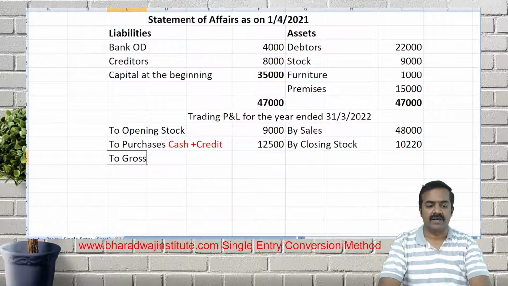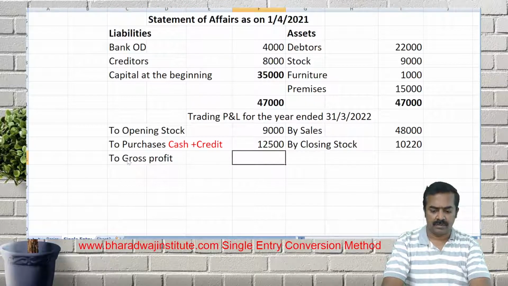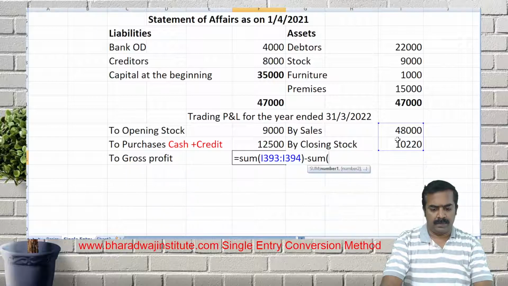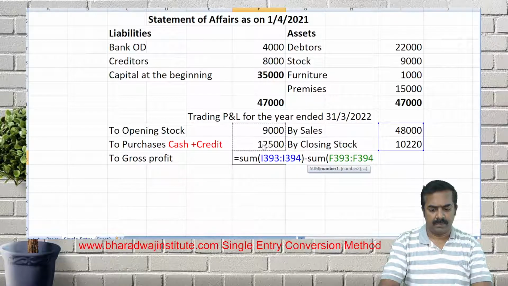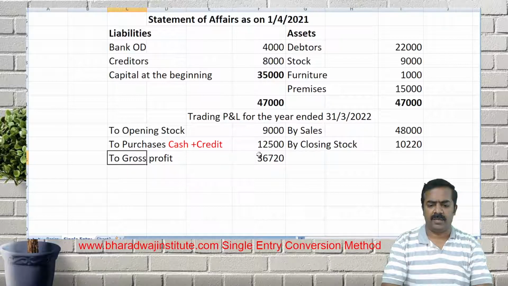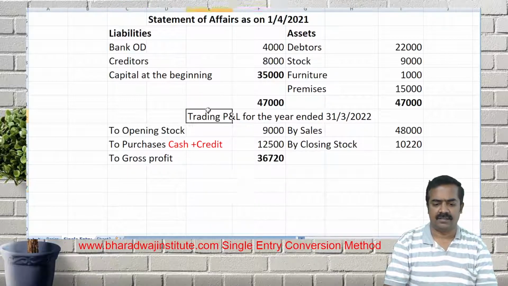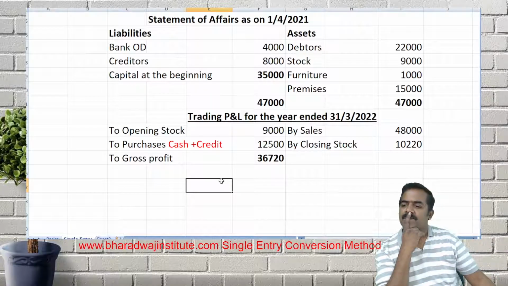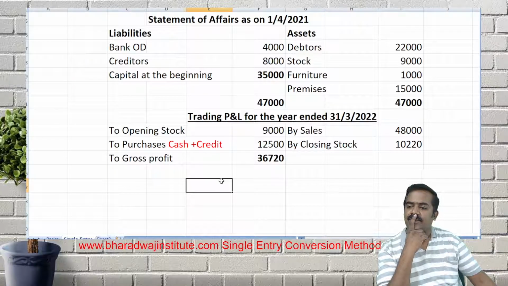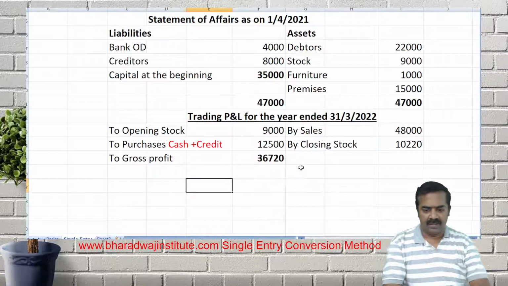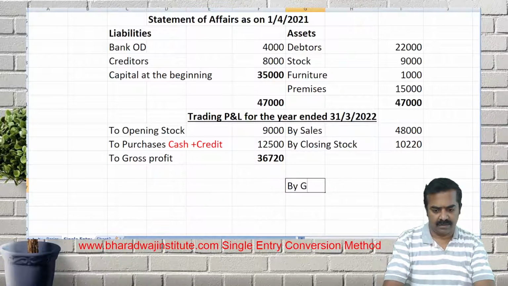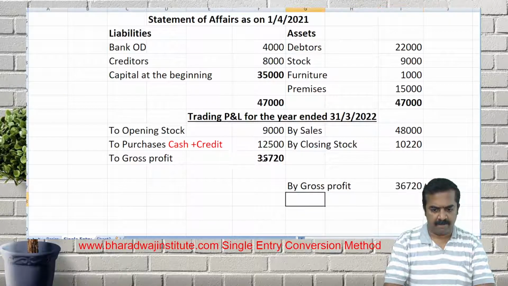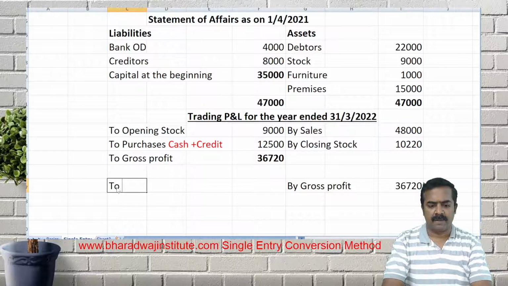Any direct expenses like wages? Depends. 8 marks, maximum 8 marks. What are the expenses?